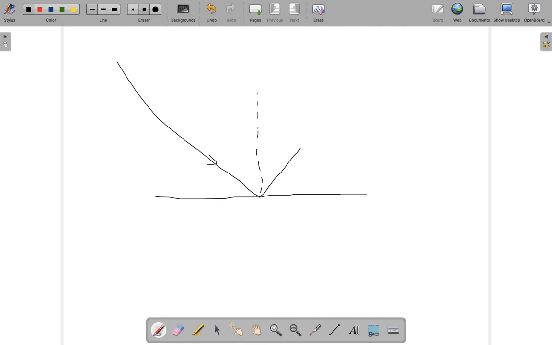It'll reflect out like that. This angle here will be theta i, or the angle of incidence, and this angle here will be theta r, which is the angle of reflection. And these two are equal to each other. They will always be equal as long as the surface is even and flat. If it's not, then you could have some weird reflection patterns.